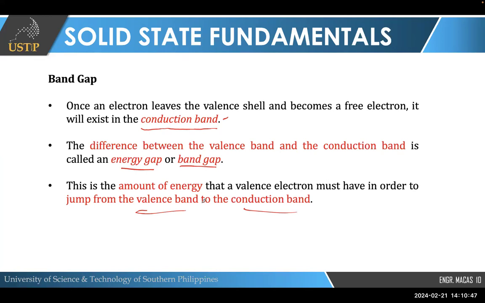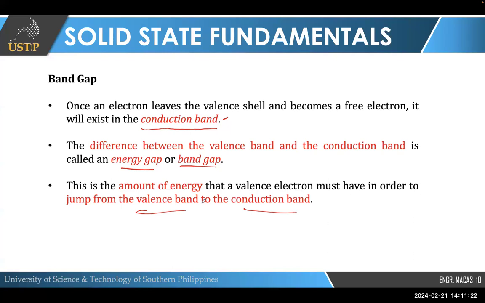In a way, they're the same, but they're different in the sense that ionization energy is more focused on the atom alone. When your valence electron acquires sufficient energy, it is freed from the valence shell. But when we're talking about band gap, we're talking about the energy needed to jump from one atom to another.